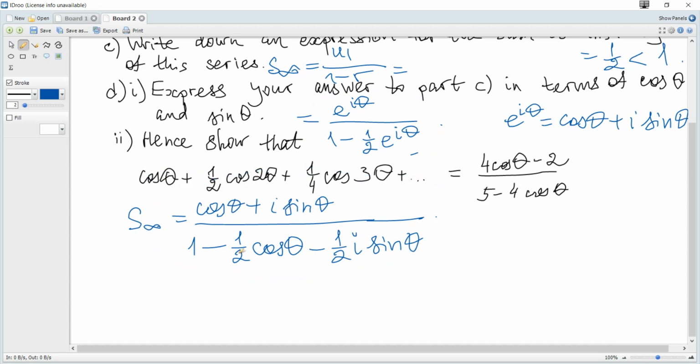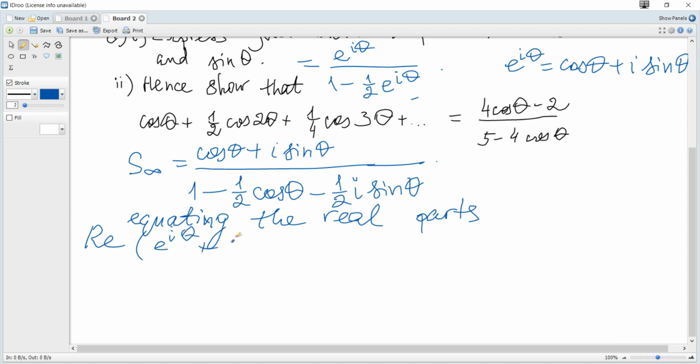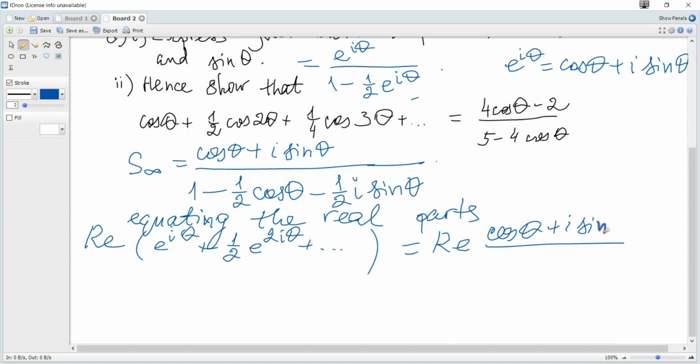So we should consider the real part and equate the real parts. So the real part of e to the power of iθ plus a half e to the power of 2iθ plus so on is equal to the real part of cosine θ plus i sine θ over 1 minus a half cosine θ minus a half i sine θ.